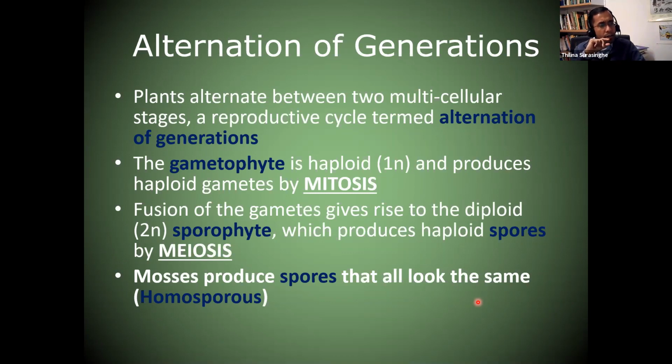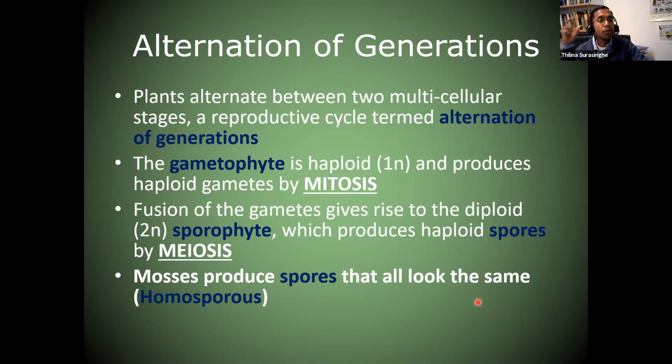And the fusion of those gametes produced by gametophytes creates a diploid sporophyte. Now, because the sporophyte is produced by fusion of gametes, and gametes are haploid, the sporophyte is going to be diploid, right?